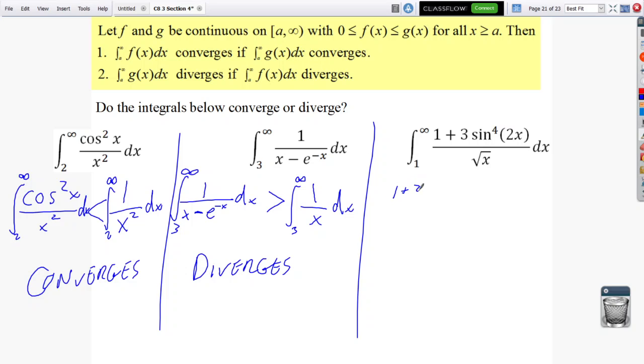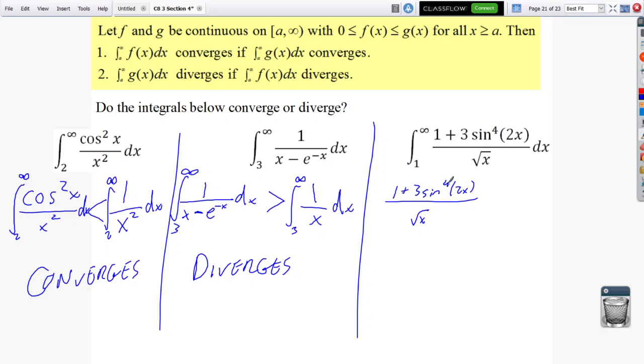Your last problem here: 1 plus 3 sine fourth of 2x over square root of x. We want to compare it to a p-testable function. The p-testable function would just be 1 over square root of x. To do that, we are deleting that 3 sine fourth of 2x. So we are taking away from the numerator.